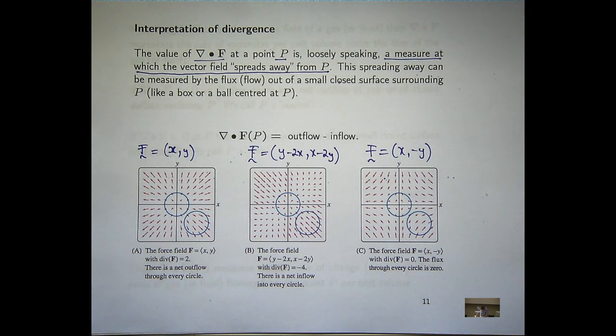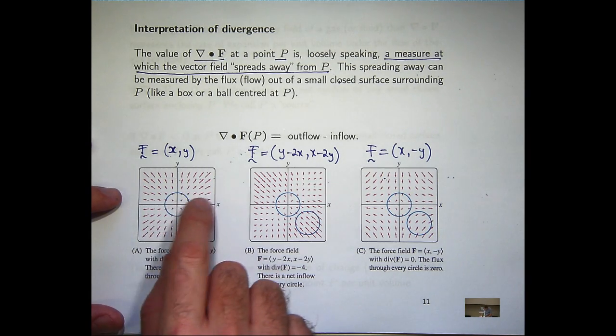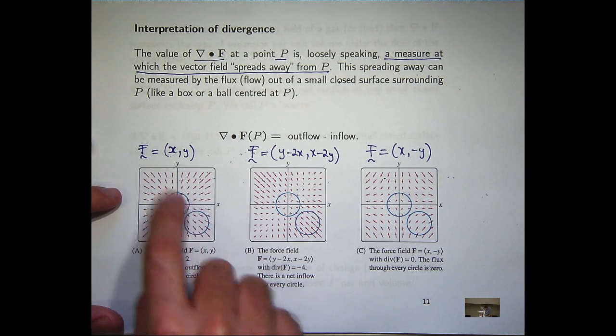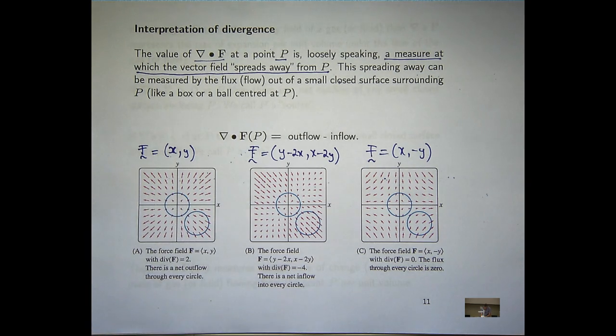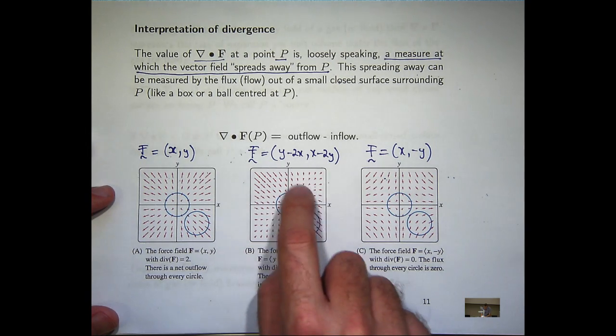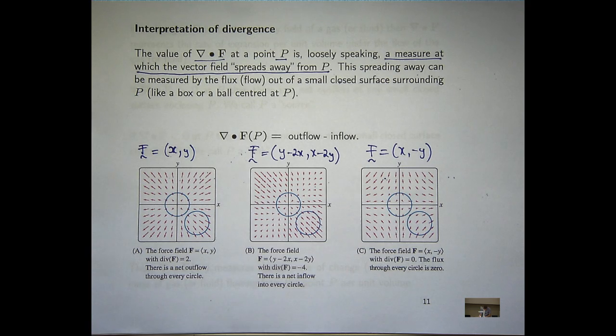So that gives you some indication on what the divergence means and the concept of spreading away from a point. Here the vector field wants to spread away from the origin and all the other points. Okay, that means the divergence is positive. Here the vector field wants to collapse or not spread away from every point.